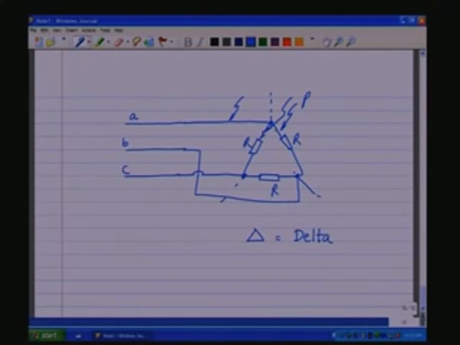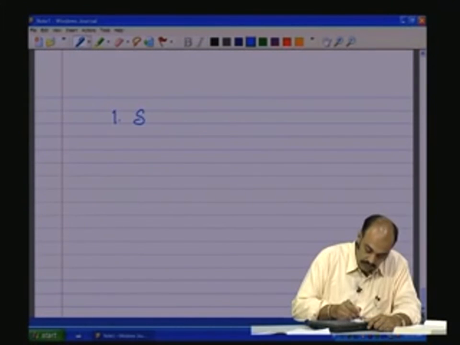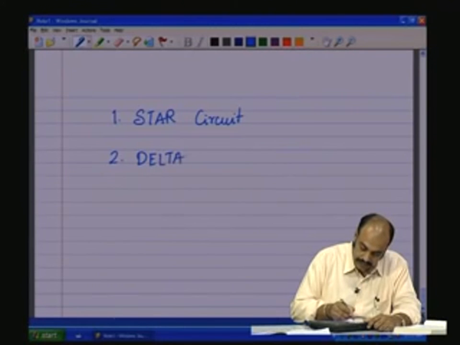Let us say these are the phase currents, line currents, phase voltage, and so on. So, in general we have two major types of circuits. You have the star circuit and delta circuit.